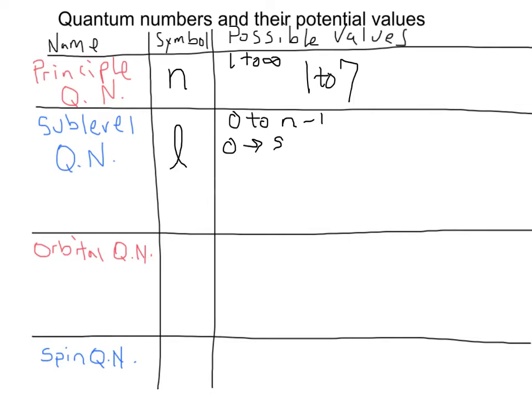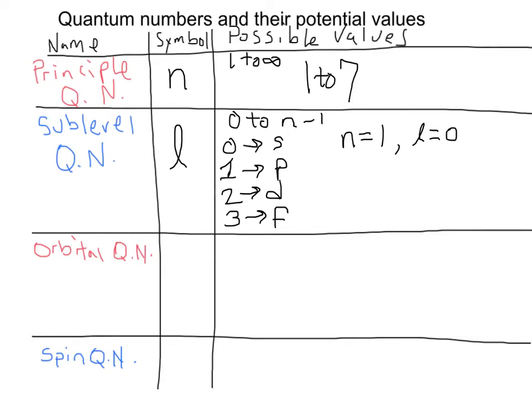The 1 would be a p, 2 would be d, and 3 would be f. We're going to go over some examples at the end to understand that better. So for example, real quick, if we had n equals 1, we would know l would have to equal 0. It's n minus 1. 1 minus 1 is 0.